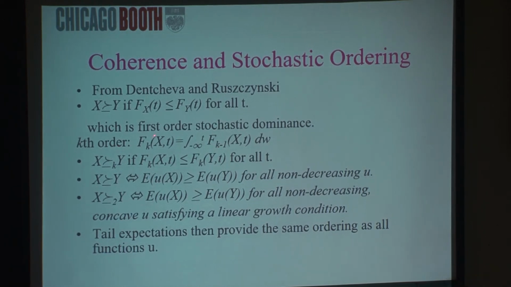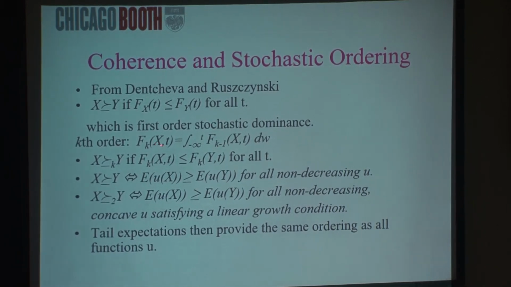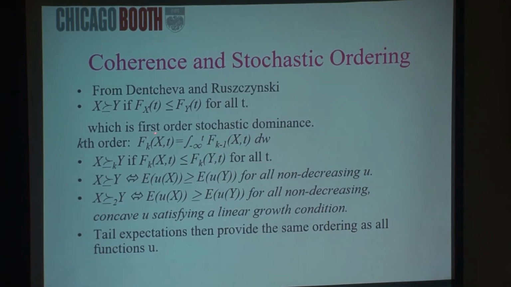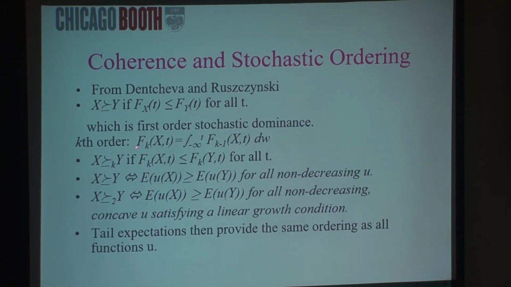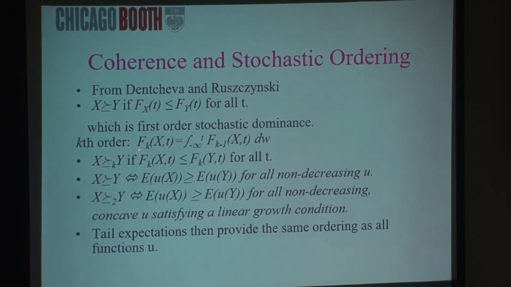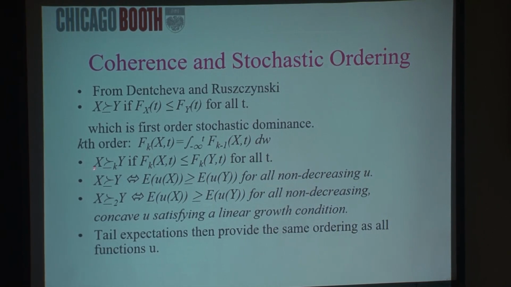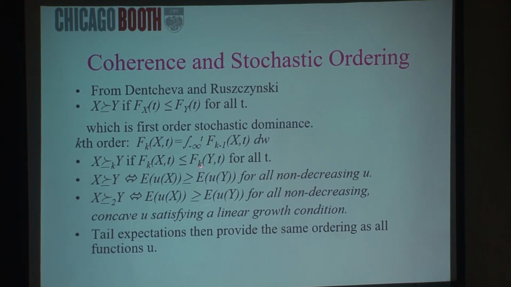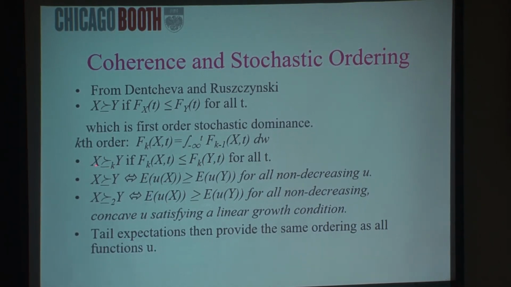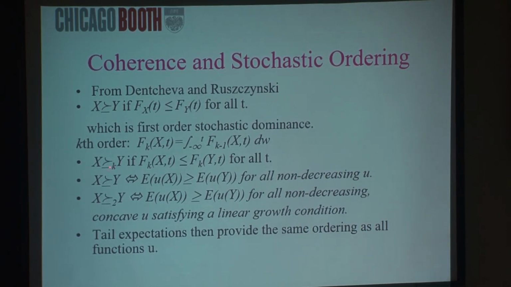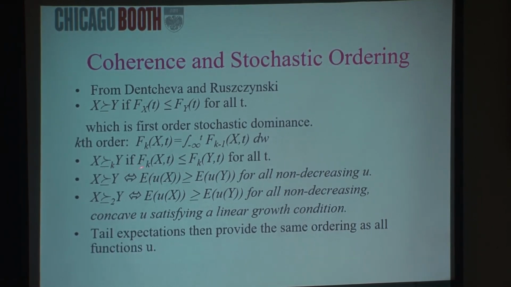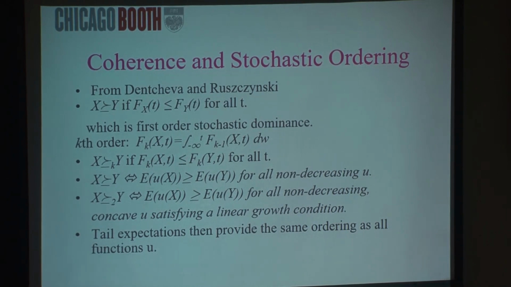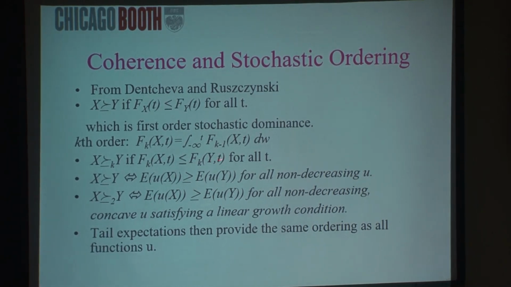And we say that random variables are ordered in the kth order if the kth order cumulative of x is less than or equal to the kth order cumulative of the other. So x is stochastically greater than y in the kth order if the kth order cumulative of x is always less than the kth order cumulative of y.